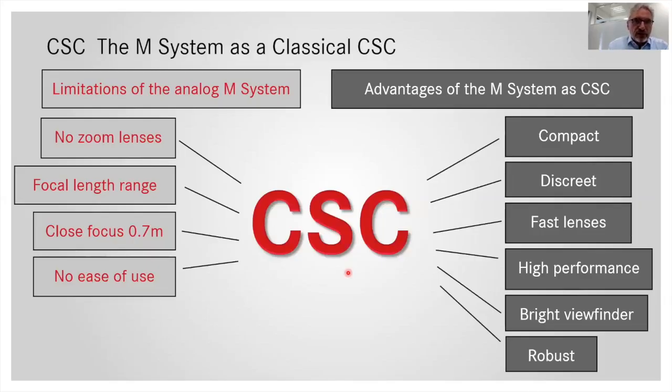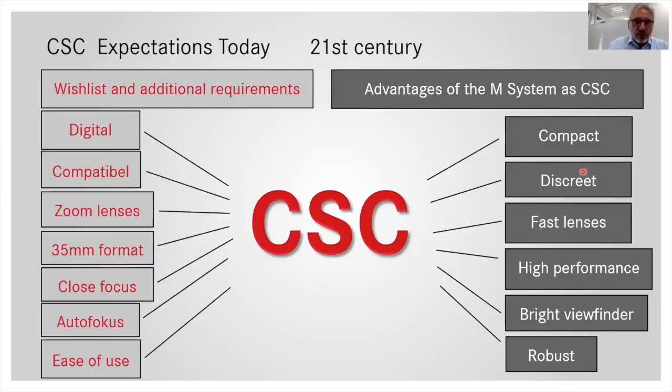So the M classical CSC limitations I already explained, and the advantages I explained too. The expectations today were: the camera should be digital, zoom lenses should be possible to apply, the 35mm format should stay, close focus should be better, autofocus should be implemented, and ease of use should be there.